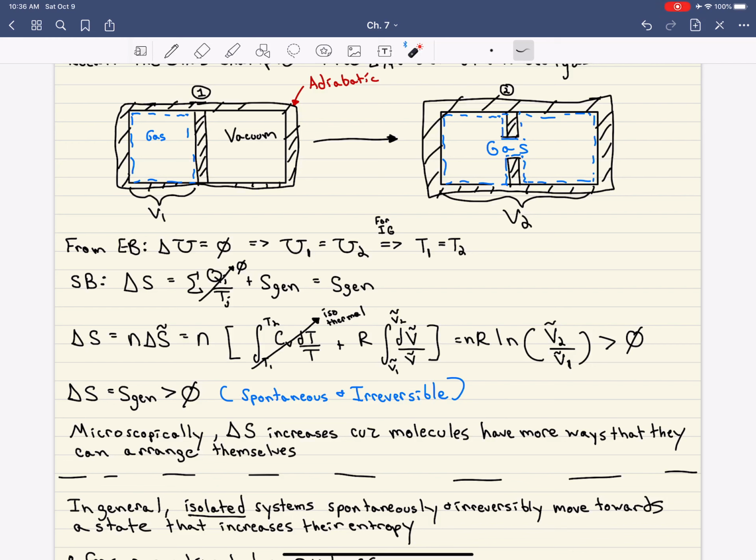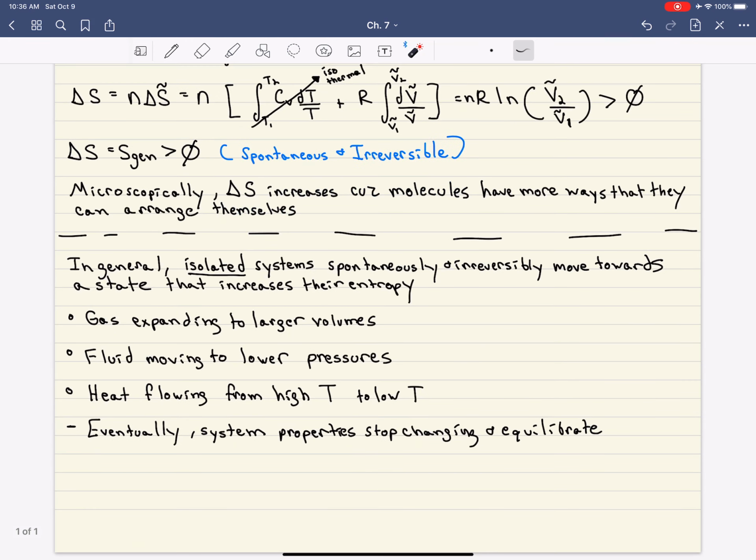The gas can't expand anymore. Or, with the example of heat flow, heat will flow from the hot side to the cold side until both sides are the same temperature. And then at that point, heat will stop flowing. And so that's what we observe in real life. We observe that our chemical systems will move towards a state that increases their entropy until they can't change anymore, until that entropy reaches the highest value that it can.